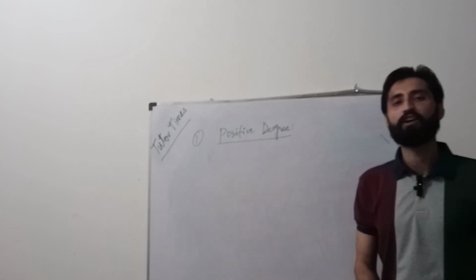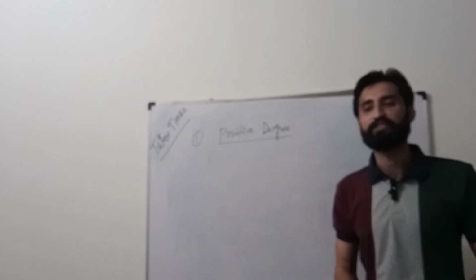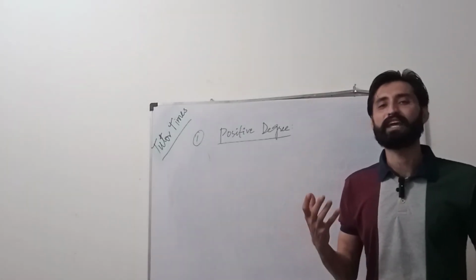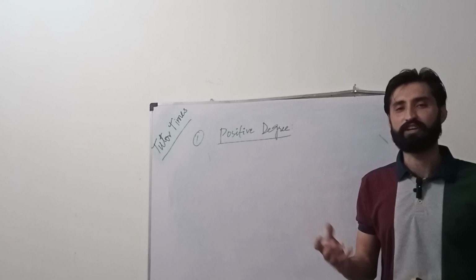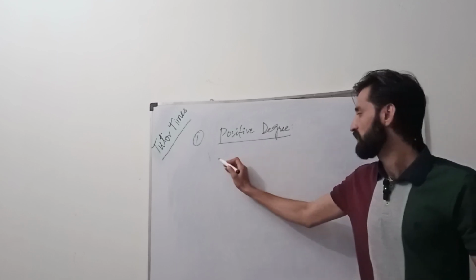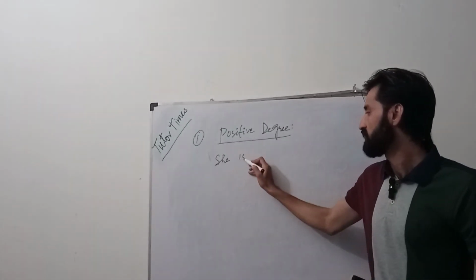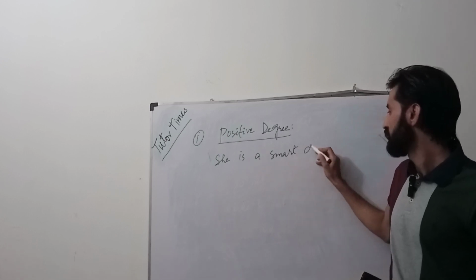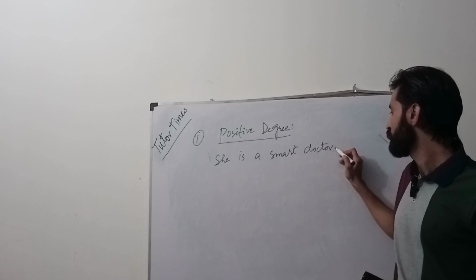So positive degree of adjective is a kind of adjective in which we simply state the quality or the characteristic of a noun. For example, if I say that she is a smart doctor.